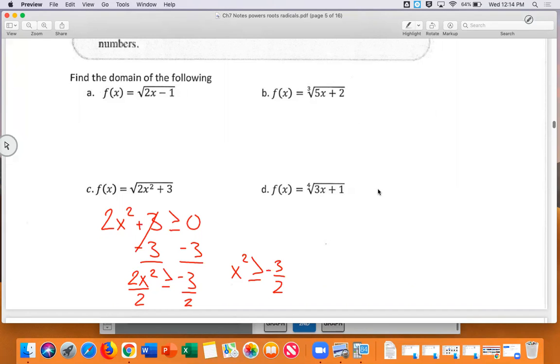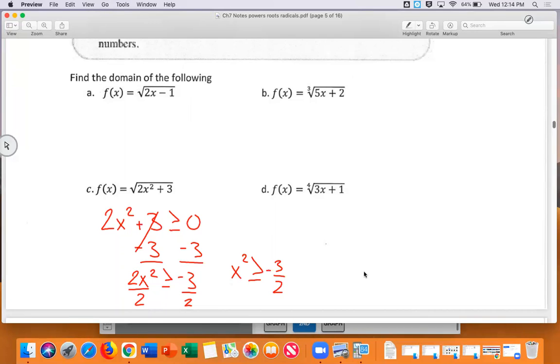That's what I want. So any number I put in for x, it's always going to be positive, right? So this is always going to be true. Whereas in the one up here, Chris, we got a definitive answer, that x had to be greater than or equal to 1/2. Here, no matter what I put in, it's going to exist.